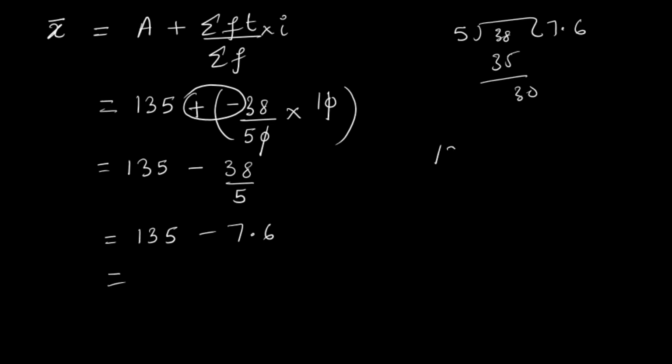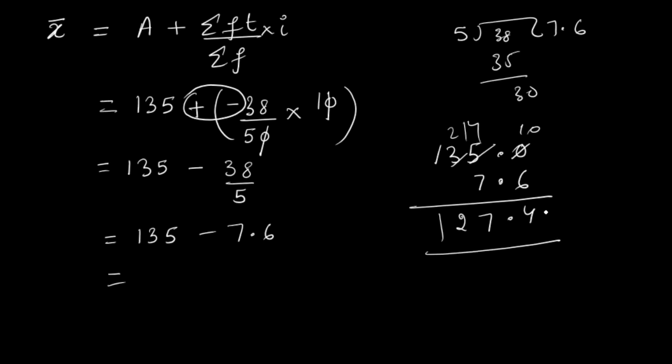Now we'll do subtraction. 135, written in decimal form, minus 7.6. What is the value? 127.4. So mean is equals to 127.4.